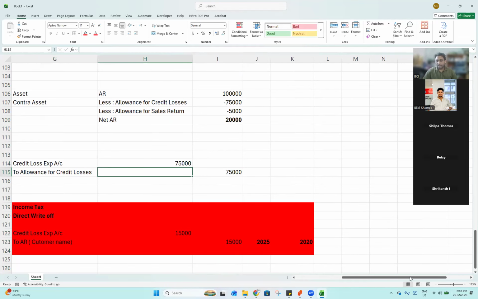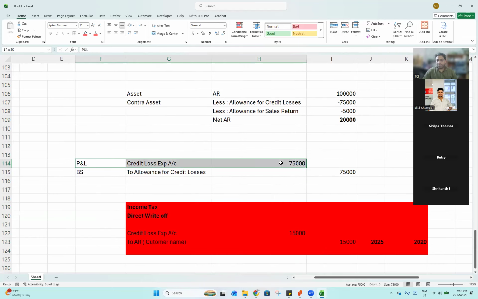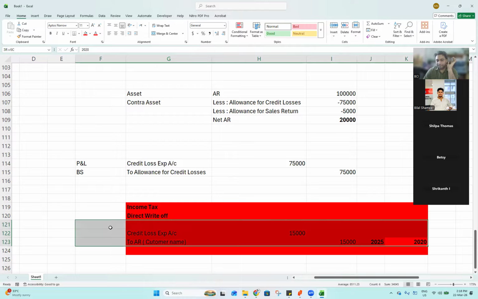The P&L. Then from the P&L, 75,000 is gone, which means I'm paying less tax. I can manipulate, I can play on the profits, correct? So that is why they say, okay, the allowance method you can follow under US GAAP. When it comes to the tax rules, they say, do you have a real credit loss? Then claim it. Clear?